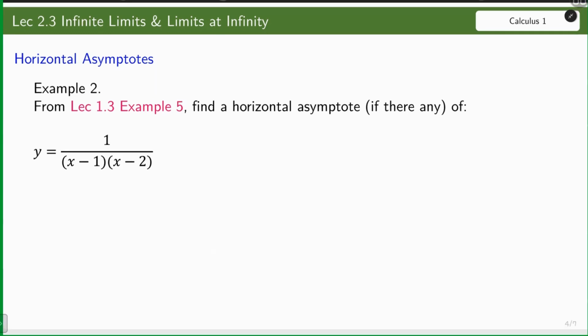Example 2, we had this in lecture 1.3, example 5. So let us get the horizontal asymptote. By intuition, we know that the horizontal asymptote of this one exists since there is no variable in the numerator and this is not an improper fraction. Therefore, y is equal to the limit. We can actually split the given into two factors and then multiply the limits.